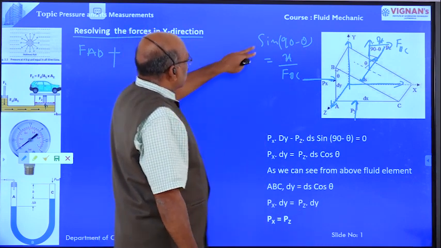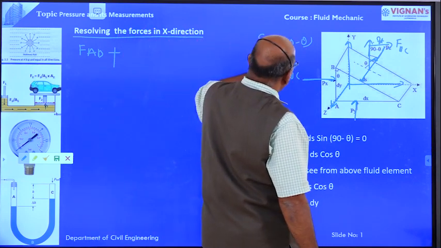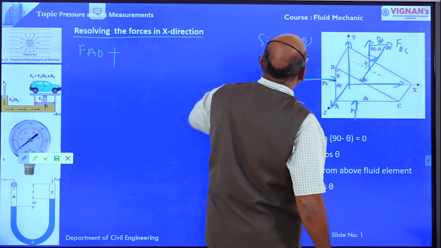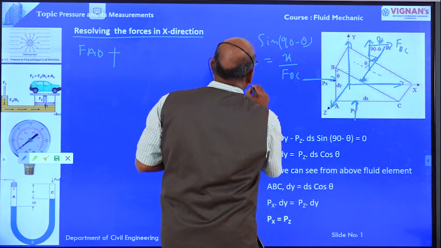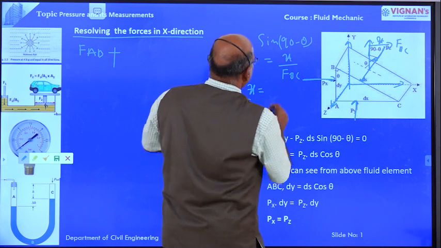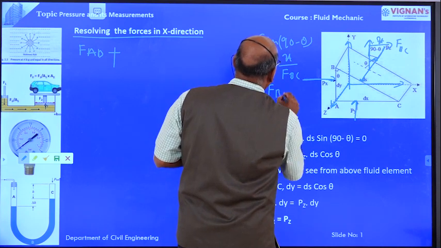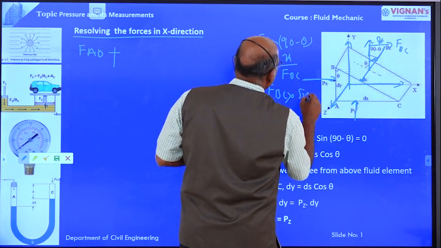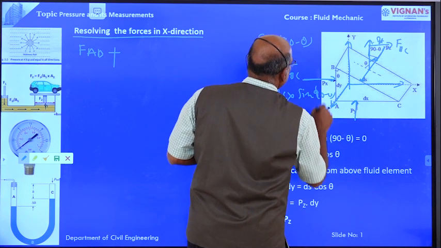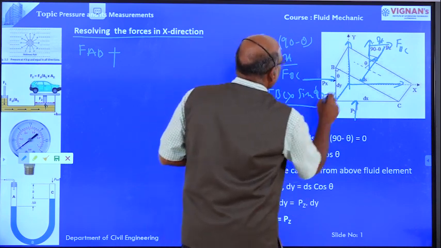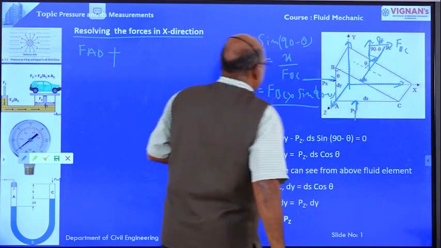Right? Sine 90 minus theta is equal to x divided by force on BC. Therefore, x is equal to force on BC into sine 90 minus theta.